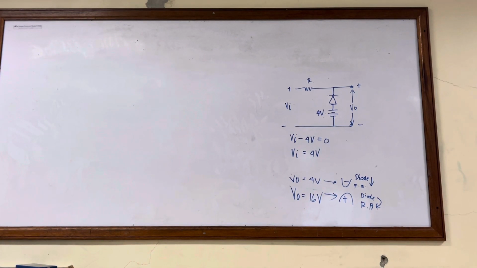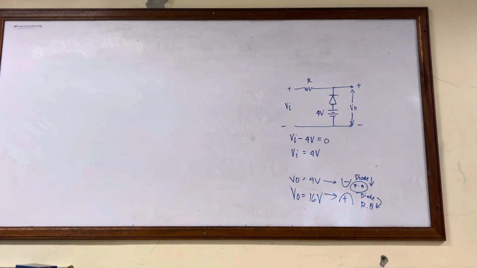So this part here is forward biased. Since forward bias, it is 4 volts.